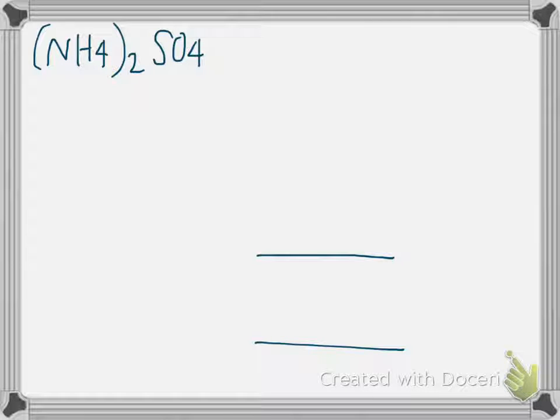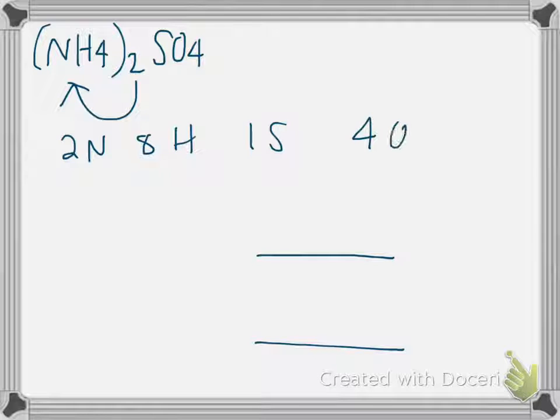So remember this 2 right here goes for everything inside, so that means you have 2 nitrogen, but you have 8 hydrogen because you multiply those subscripts, okay? And then we have 1 sulfur, and then we have 4 oxygen. So if we look up the molar mass for nitrogen, it's 14.01.